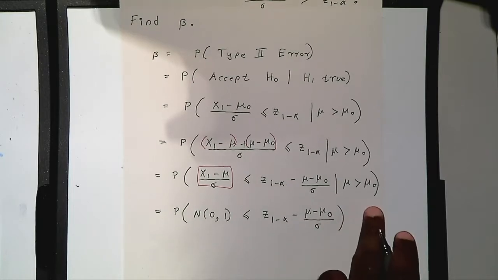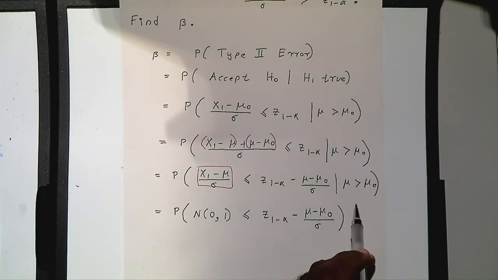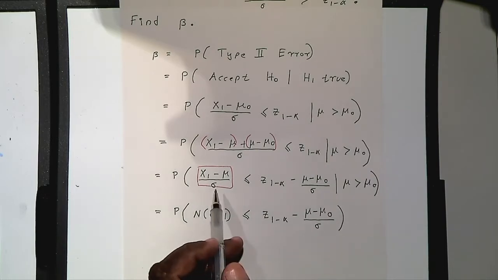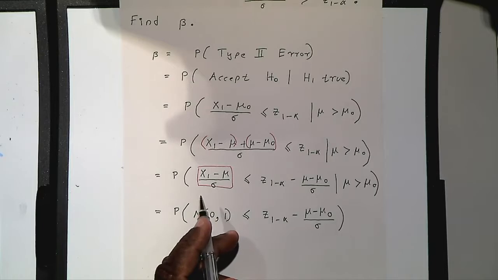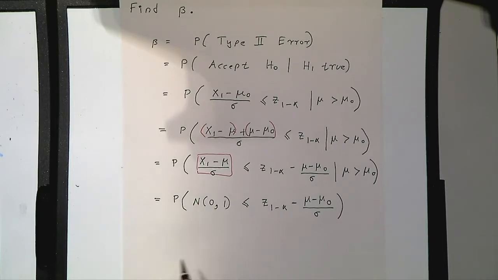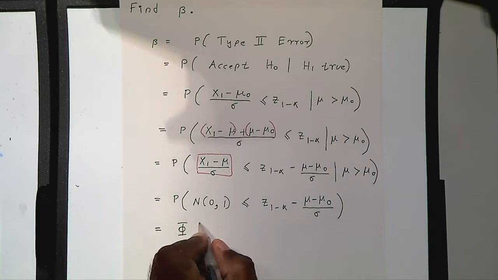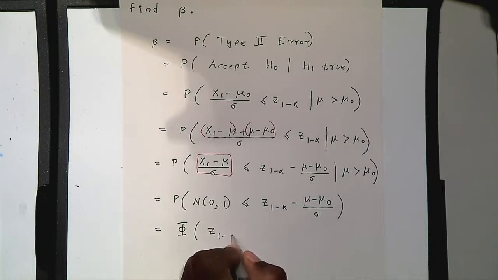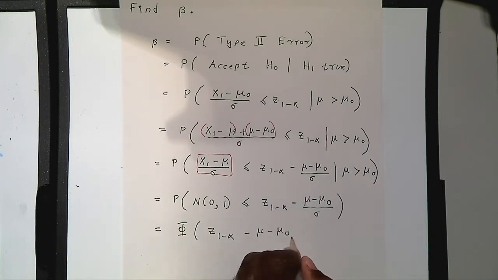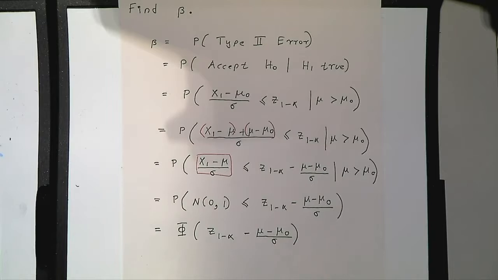Again, once again, I'll drop the conditioning here because of the condition on mu being the population mean, this has a standard normal distribution. So I use the conditioning. Yeah. All right. So this becomes this. So this is, all right.